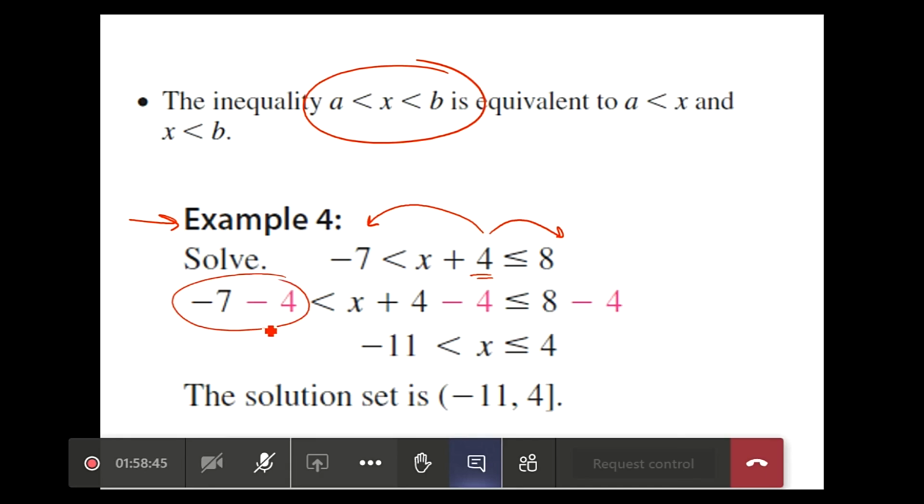We have -8 and we have +4. So this is the solution of x. x is between -11 and 4, open from -11 because we don't have equality, but closed at 4 because we have equality.